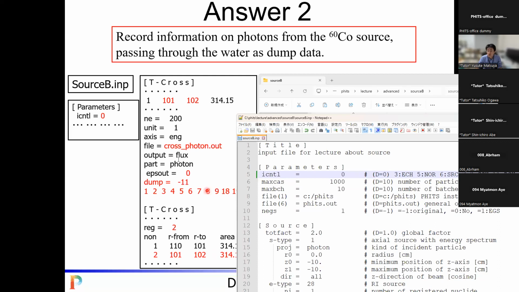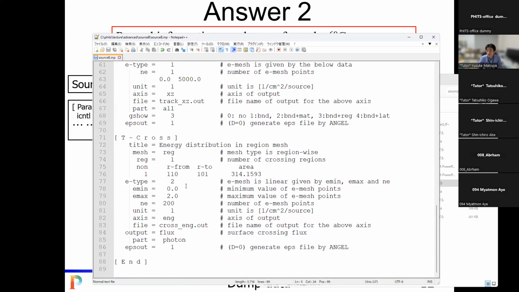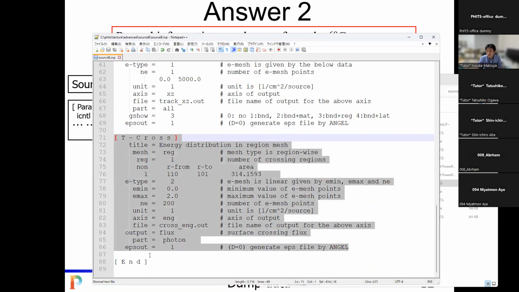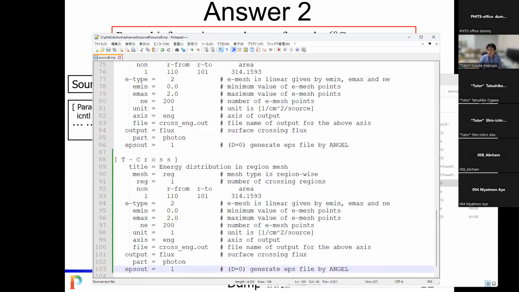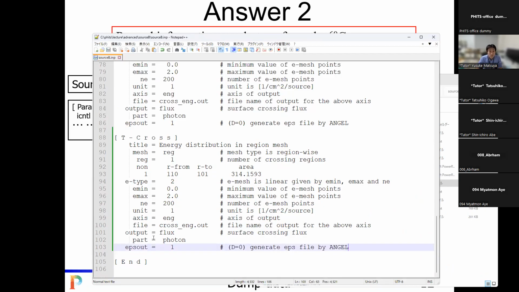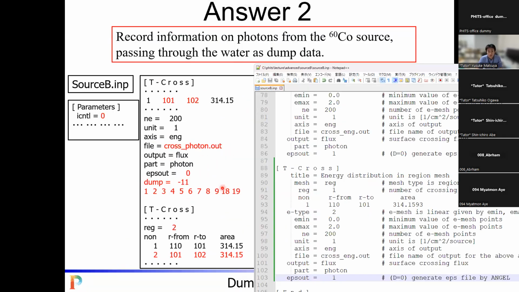So what we have to do is copying and pasting like this. And the third one is adding the dump parameter like this to the first T-cross tally.